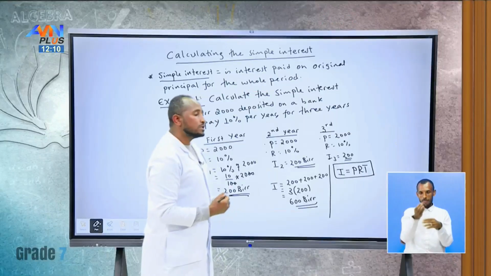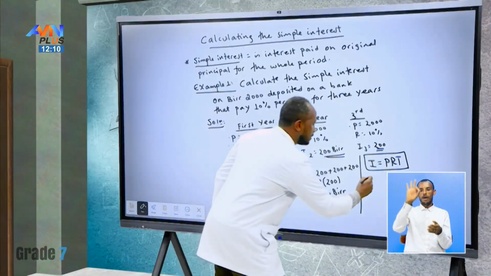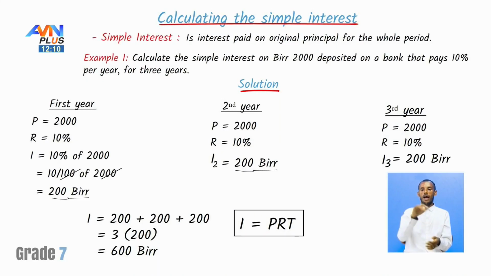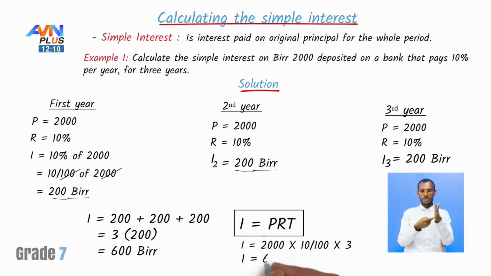So using this equation, if you evaluate this one, the simple interest will be equal to the principal, 2,000, times the interest rate, 10%. So here, 10 over 100 times the time, the length of the period, which is 3.